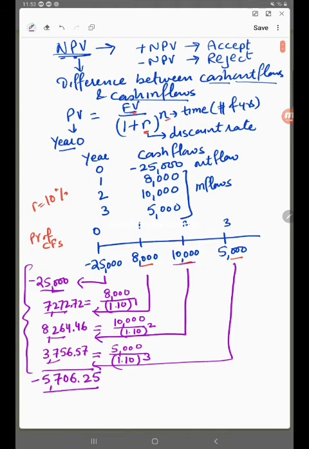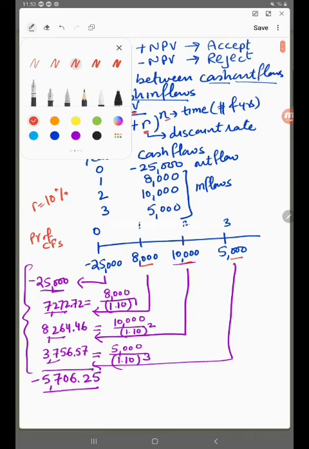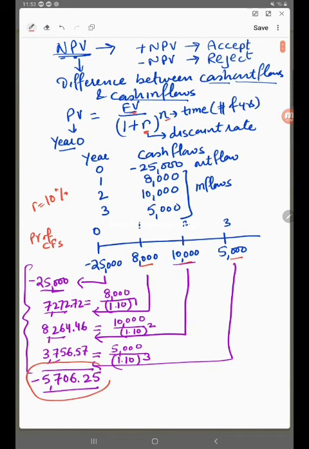You can look at this number is negative. So negative means this project is not good to accept. So it means reject the project. This is one of the many criteria, but this one is the main one.